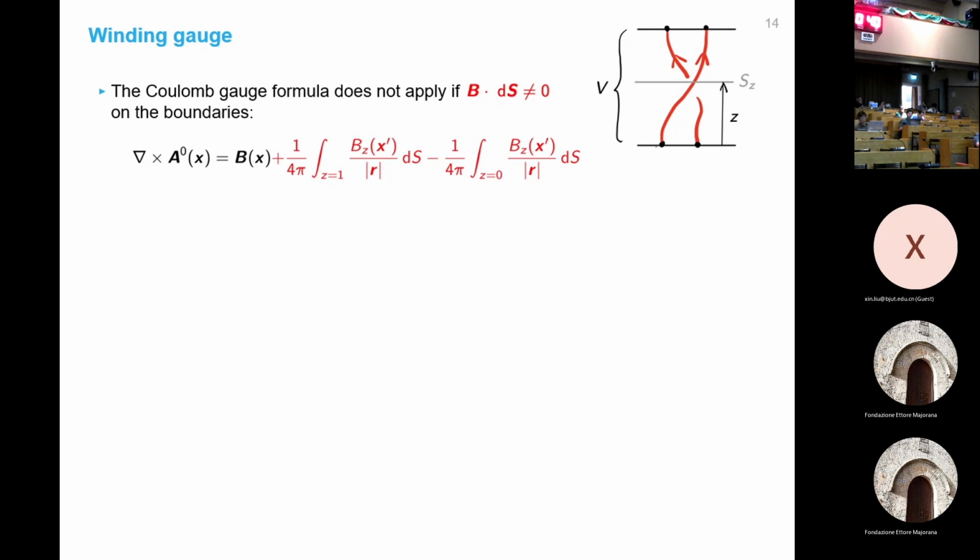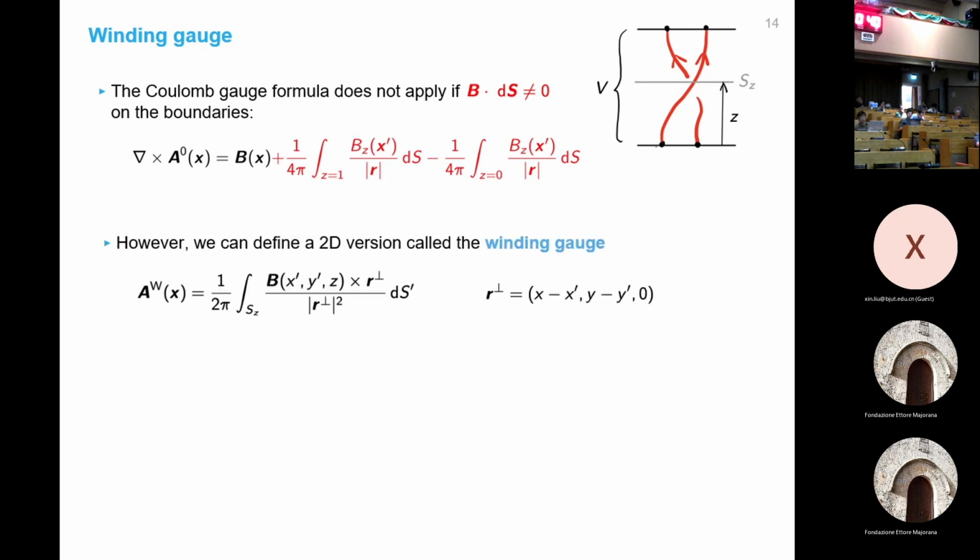But there is a way out of this, which is to have a 2D version of the Coulomb gauge. This is what Chris and I called the winding gauge. It's also a Biot-Savart integral. I'm going to call it A_W so that we can identify it here. But now the integral is only over a single surface, a single one of these leaves of the foliation.